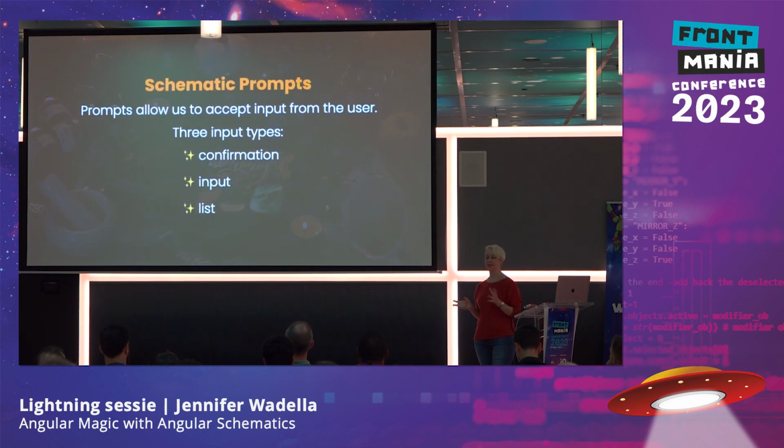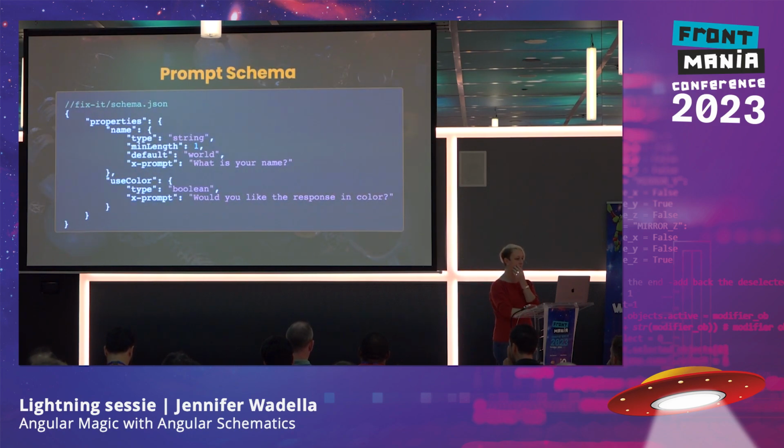So prompts are letting us accept input from the user, and we've got 3 different types. We've got a confirmation, which is going to be your basic yes or no. We've got a default input that's going to take some sort of text from the user, or maybe we're going to present a list. So that list example, again, if you run ng generate, or ng new for a new project, is seeing those lists of different CSS compiler options. That's an example of the list.